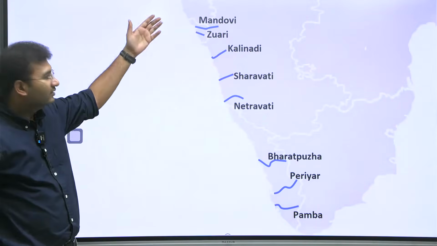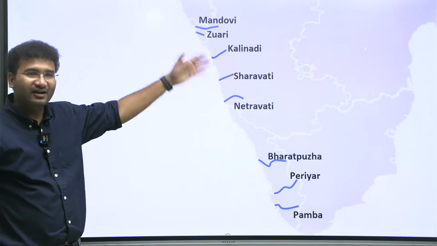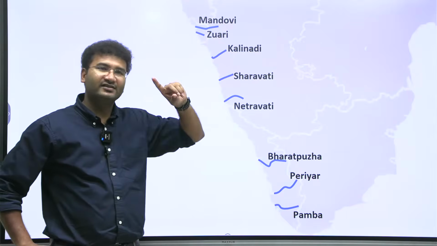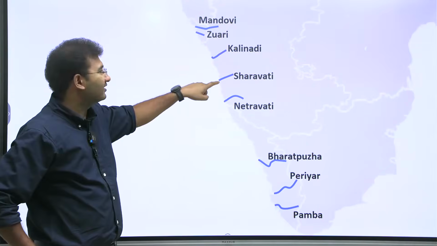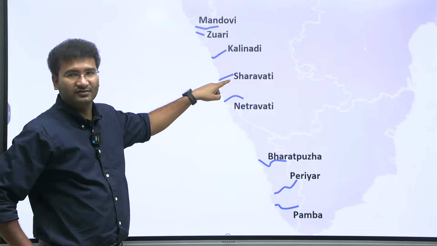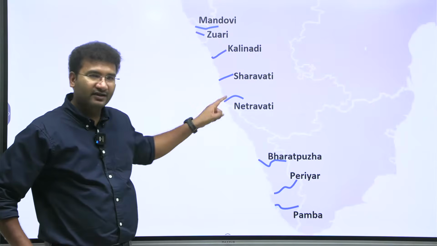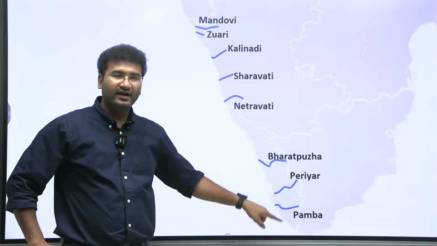Mandovi, Zuari, Kali Nadi, Sharavati. See, this is the river on which Jog Falls, India's highest waterfall, in Karnataka is present, right? Next, Netravati, Bharatapuzha, Periyar, Pamba.